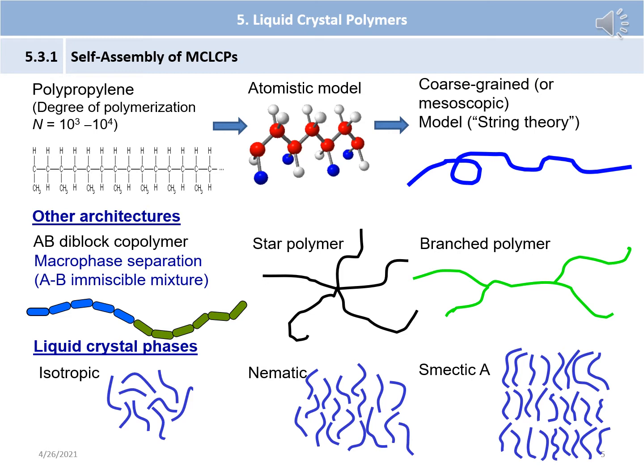Other than a string, we can simplify other polymers' shapes too. A diblock copolymer, where two blocks, the blue and the green blocks, within the same polymer cause macrophase separation. A star polymer. And a branched polymer. At the bottom of the slide are illustrations of how the strings assemble in different phases such as isotropic, nematic, and smectic.